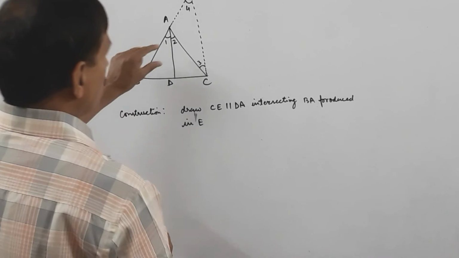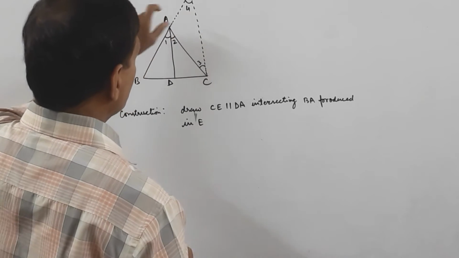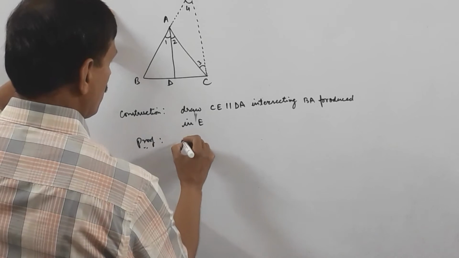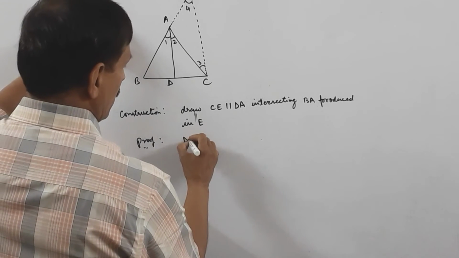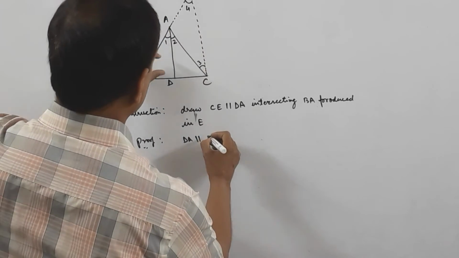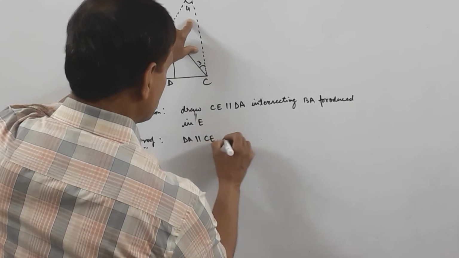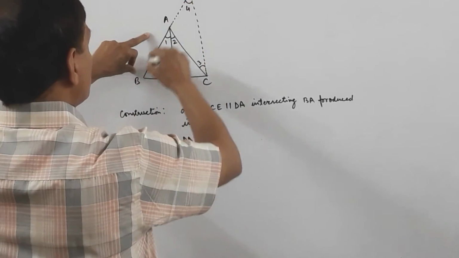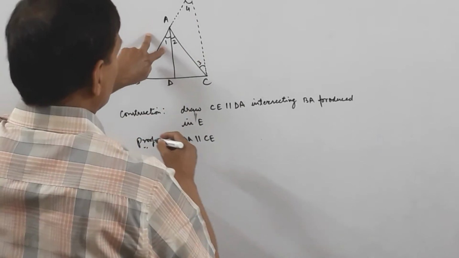We know that DA is parallel to CE by construction, and this BE is a transversal.